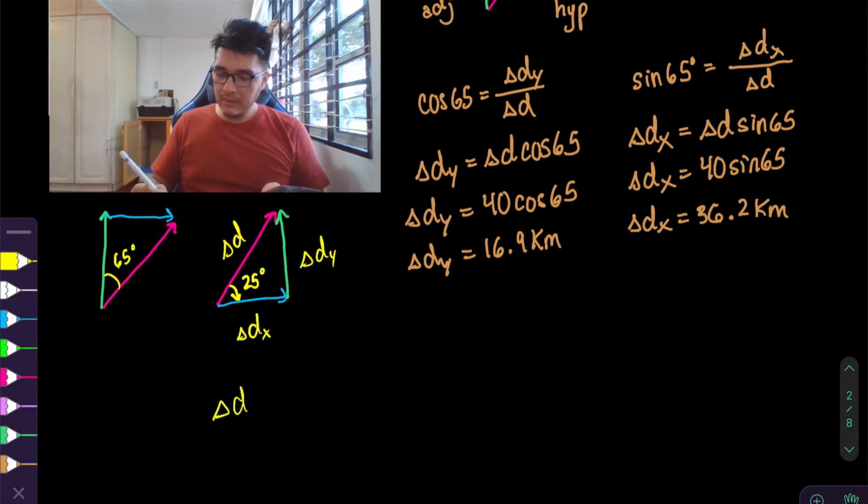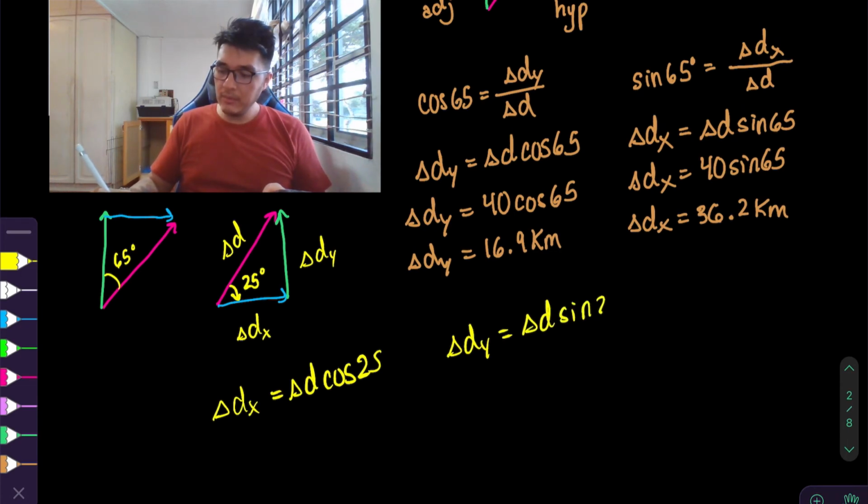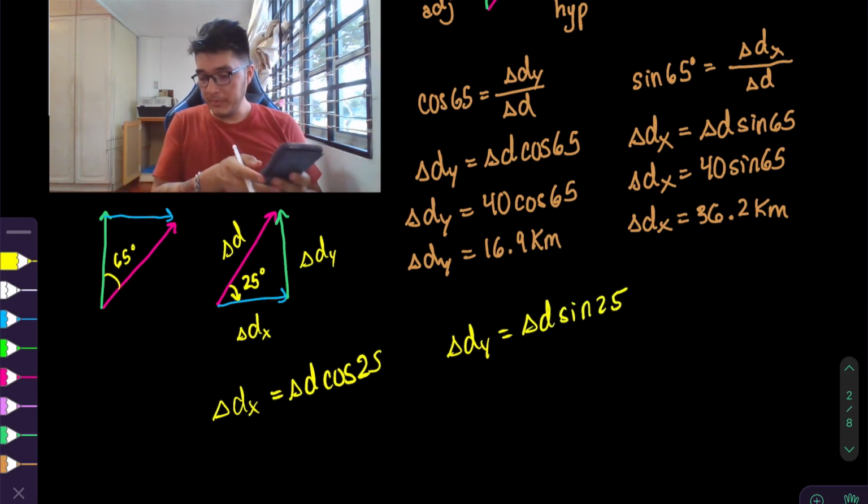So delta dx will be delta d cosine of 25, and delta dy will be delta d sine of 25, using the previous argument that we made before.